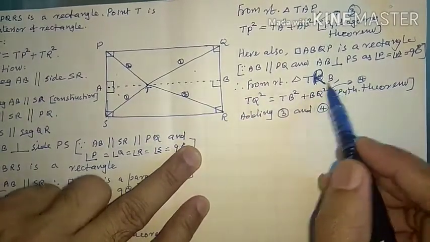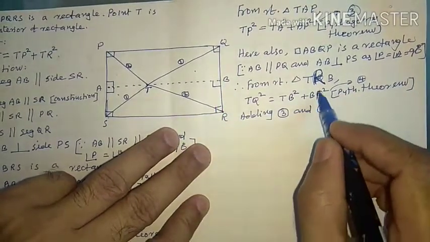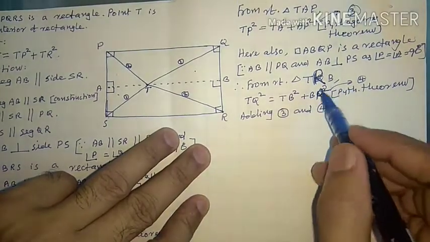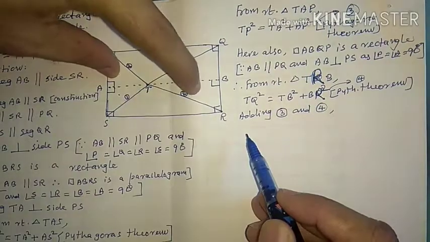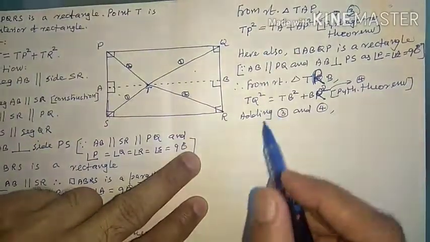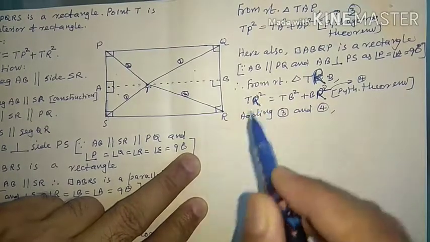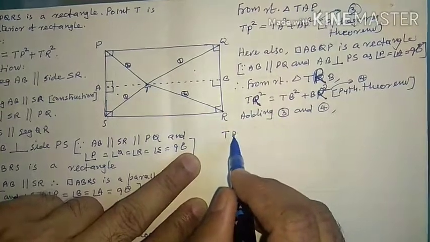In triangle TBR, TB square plus this BR square. That is what you have to correct. It is not two triangles. Adding these two, so here it is TR.